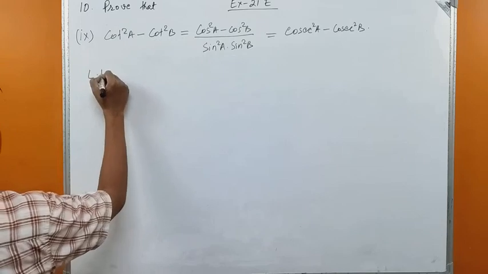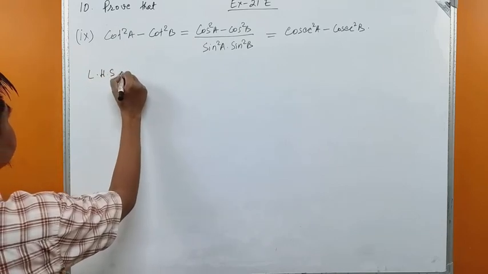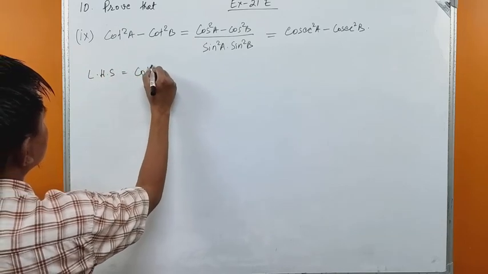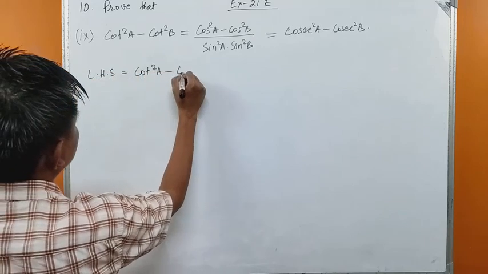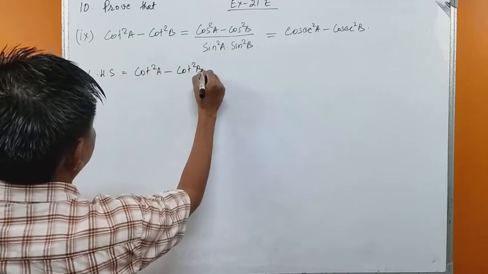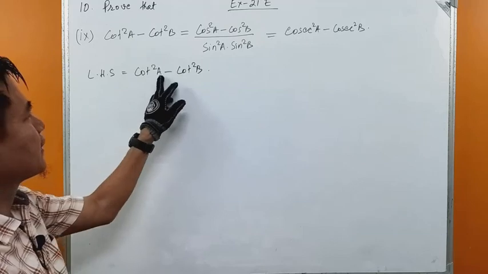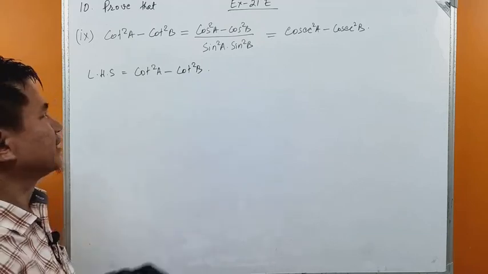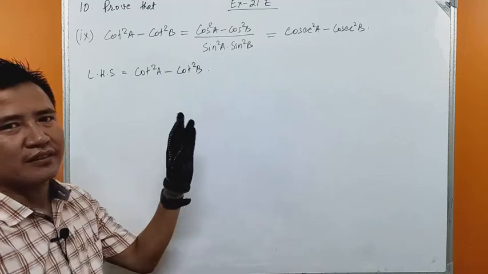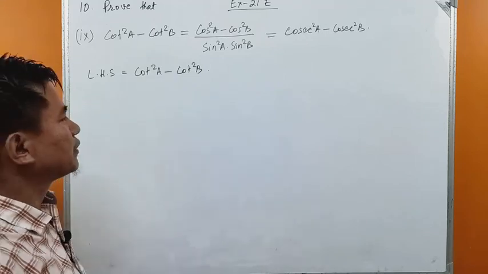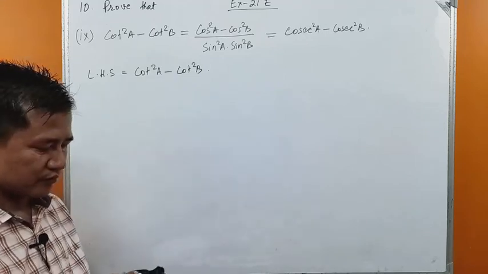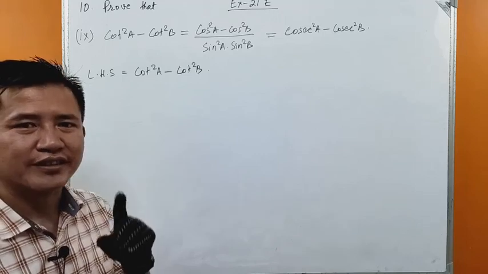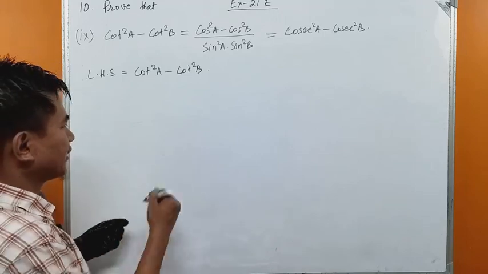LHS equals to cot square A minus cot square B. And please note that A and B are not complementary angles here. Complementary angle means sum of those 2 angles should be equal to 90 degree.